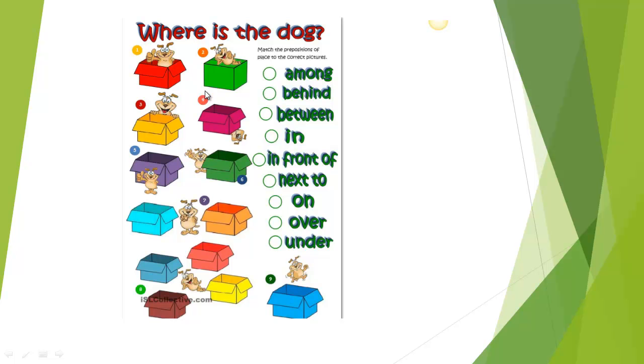You need to write the correct number in the circle that corresponds to the prepositions of place. It is important to remember that we have prepositions of place and we have prepositions of time, so you don't get confused.